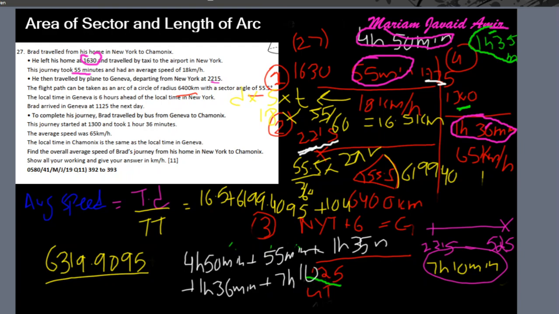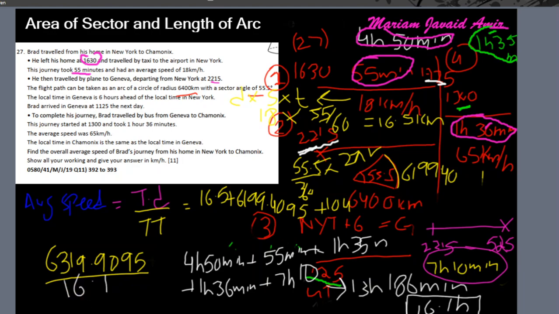So let's see what we get in hours and minutes. Okay, so this becomes 13 hours and 186 minutes. And then divide 186 by 60 and add it to 13, so we get 16.1 hours. So the total time spent on the journey is 16.1 hours.